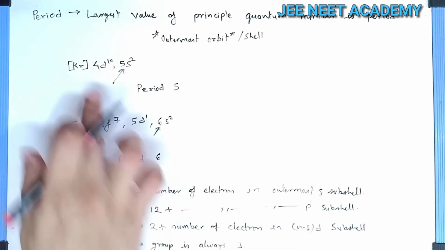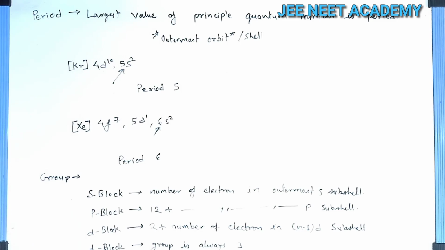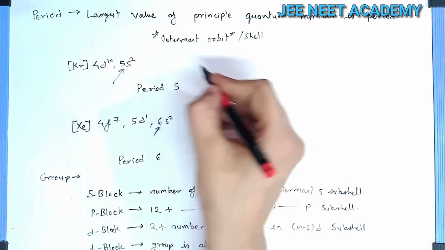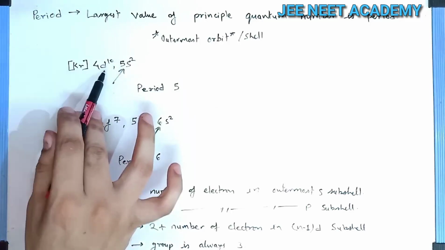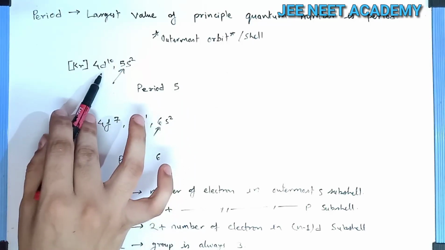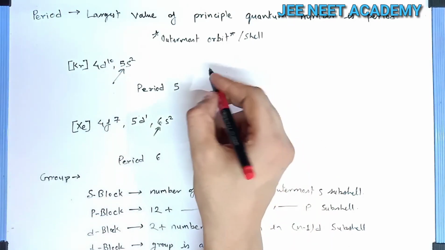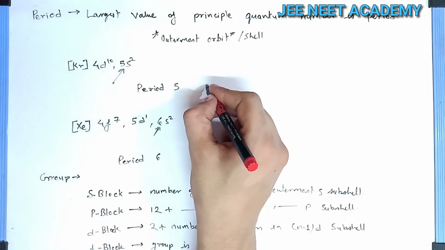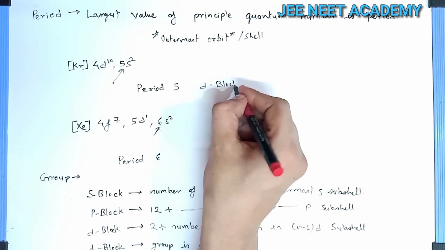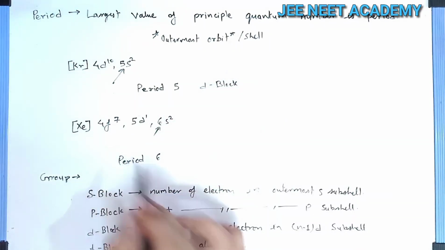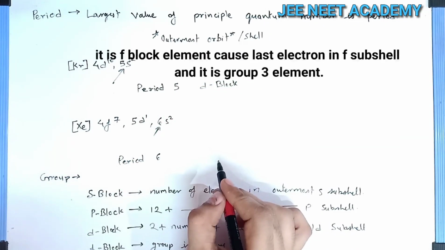So for this electronic configuration, we will find the group now. Because last electron is in the D subshell, this element is a D block element, and this element is also a D block element.